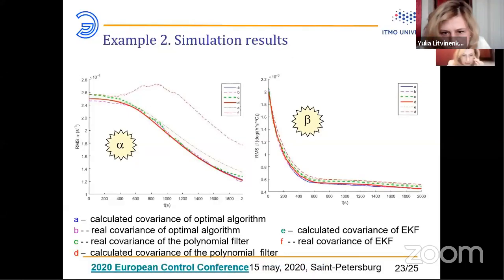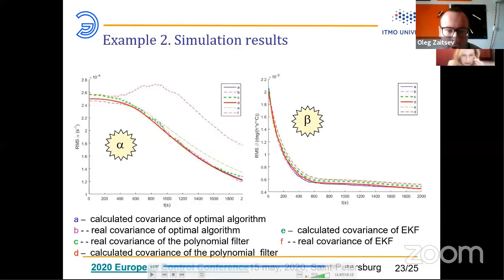But when we use the polynomial filter, we didn't do it, and thus we expect that the accuracy of the polynomial filter will be higher. Okay, so because of linearization, yes? Yes, first of all, because of linearization of the function phi. Thank you.